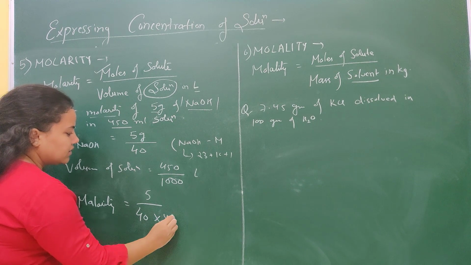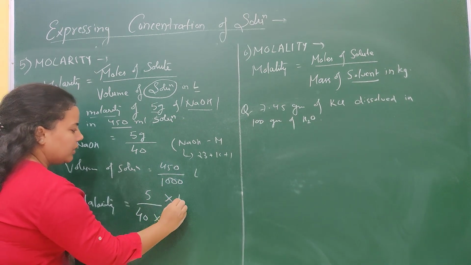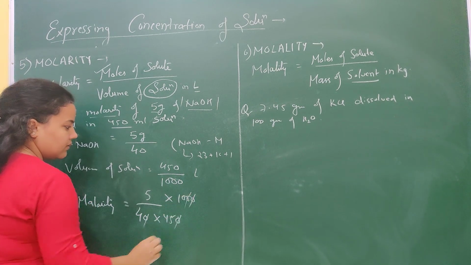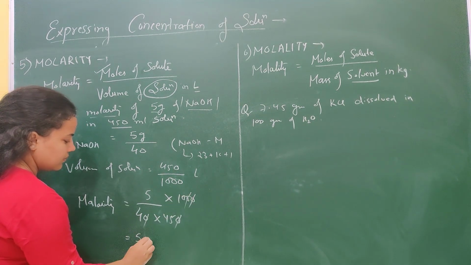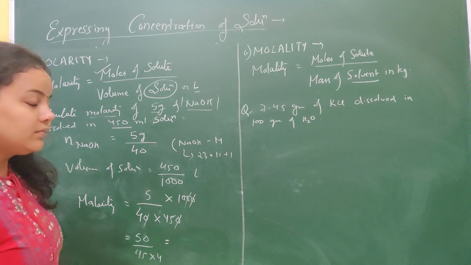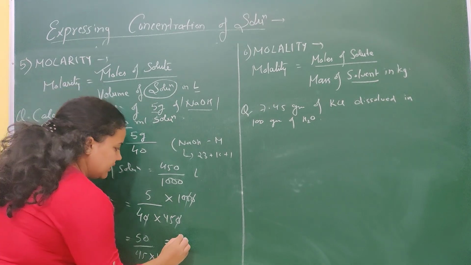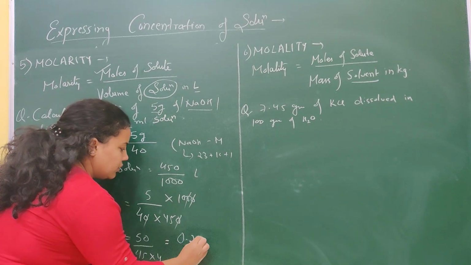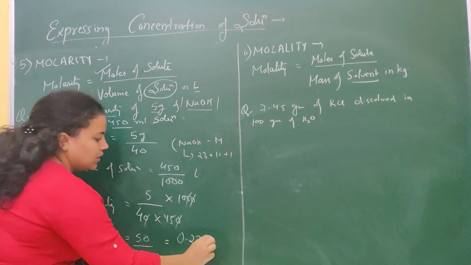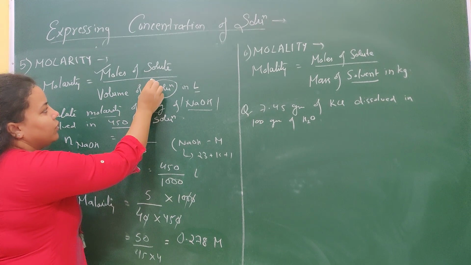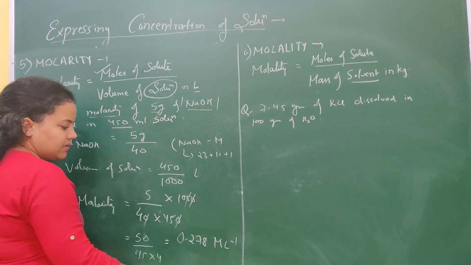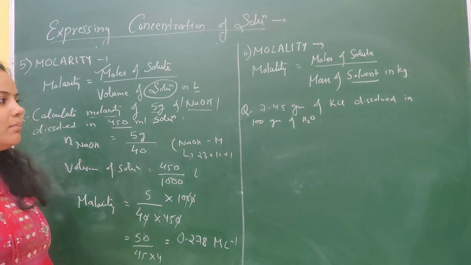Volume of solution is 450 upon 1000, right? So the value comes here as 0.278. What we had here is moles of solute, so moles upon volume in liter. So that's why moles per liter. So the molarity value comes as 0.278 moles per liter.